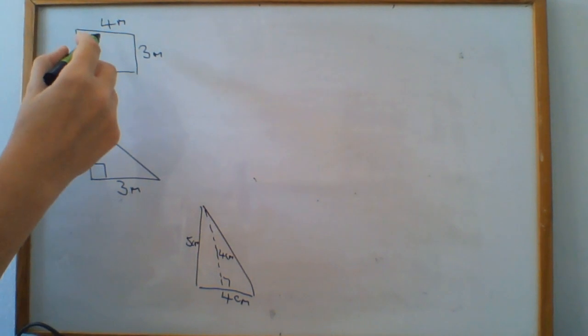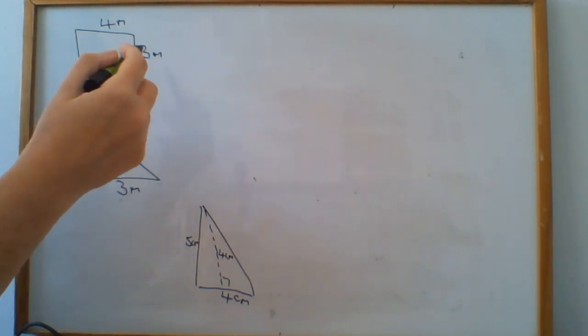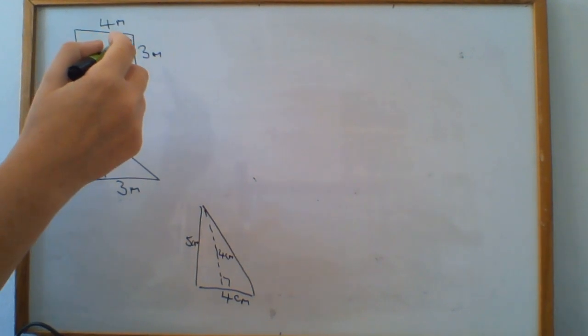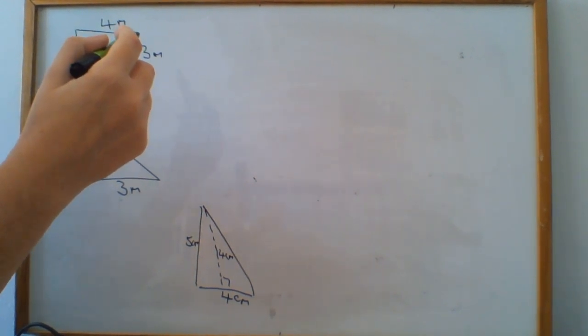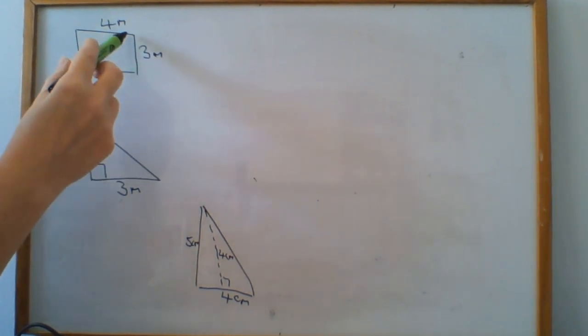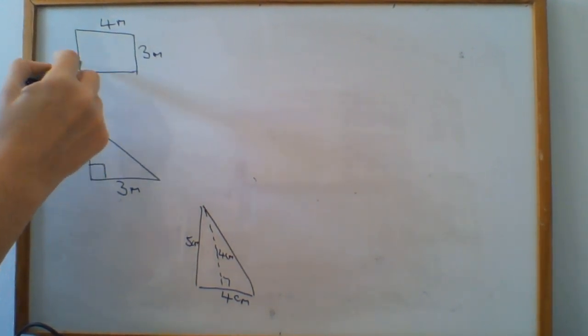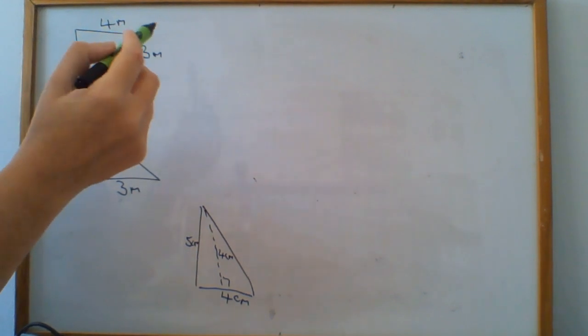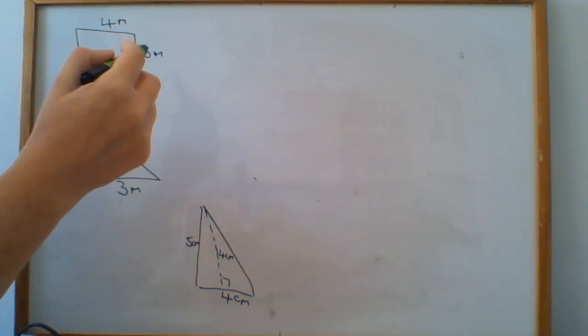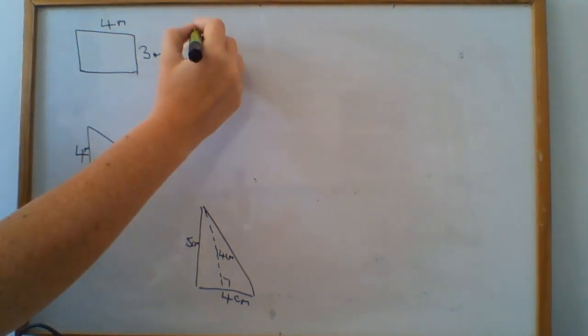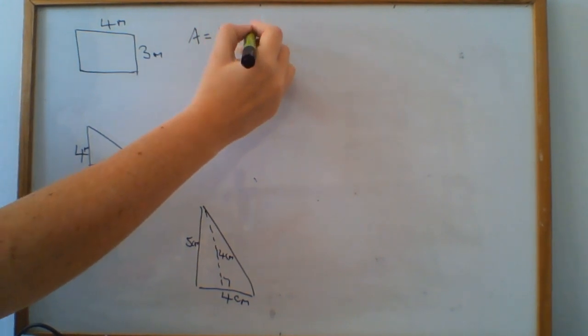Area, as we've been learning, is the amount of space that a shape takes up. If we look at the area of a rectilinear shape, which we did a week or so ago, rectilinear, remember, is shapes that come together to form right angles, like this one. If you do the area of a rectilinear shape, the formula is length times width.